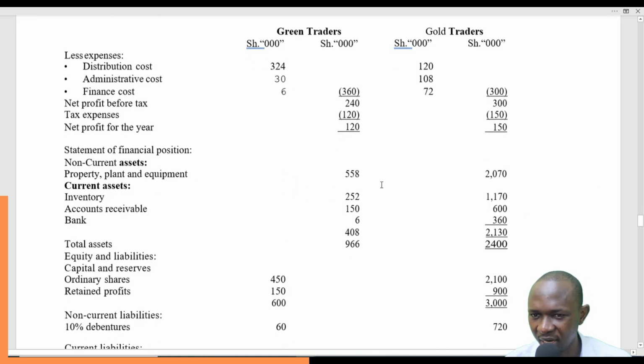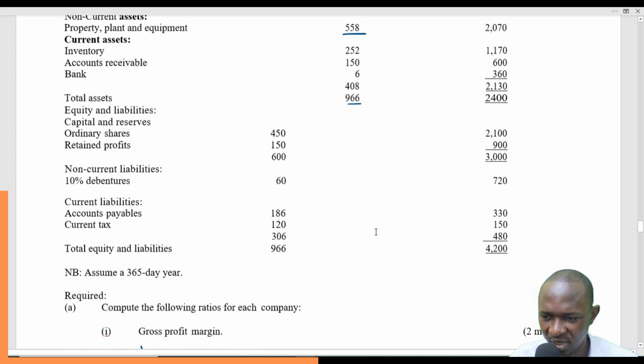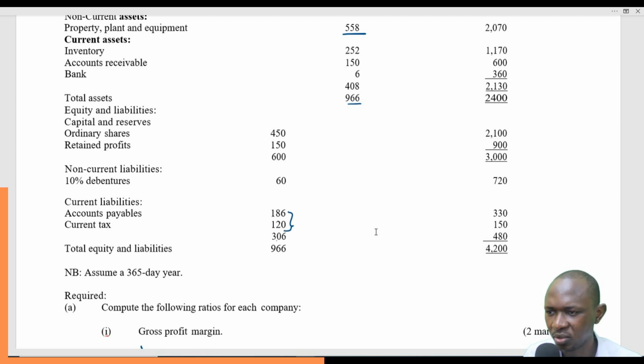The non-current asset value, plus current assets, this plus this, we have 966, minus current liabilities, which is 306. So it will be 966 minus 306. This gives us 660.